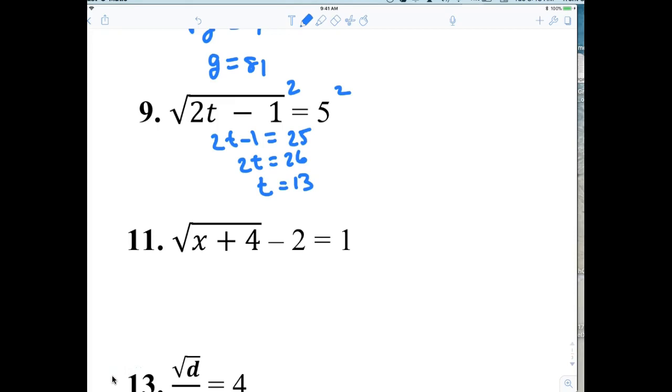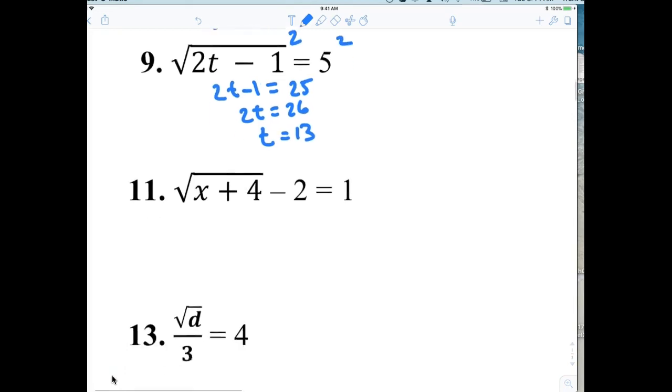Exactly. 26 divided by 2, 13. Because it's under the radical. Good question. You with me? Do you hear what I said? You isolate the radical. Anything outside the radical, you have to get rid of.